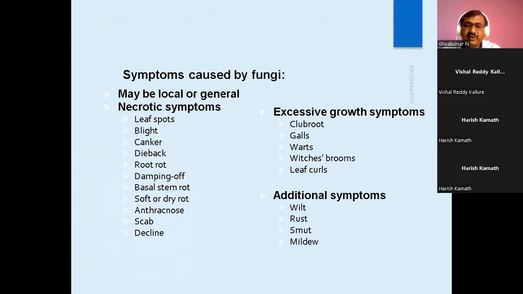We call it Panama wilt, caused by bacteria, and Fusarium wilt, caused by fungus. This is common in banana. These are the common symptoms. Like when we get a cold or cough, we get some symptoms; plants also show some symptoms. If you see symptoms like this, you can take up the control measures.